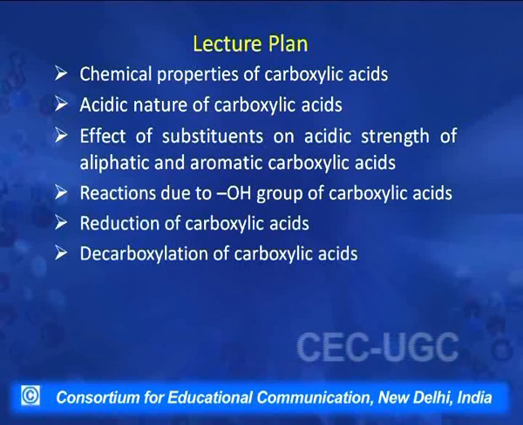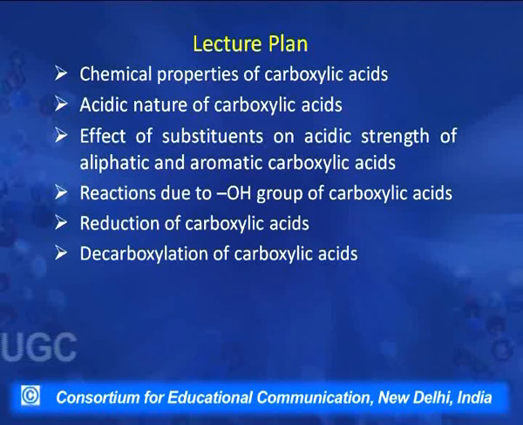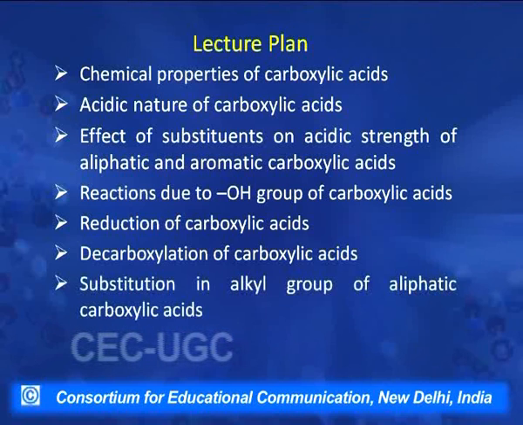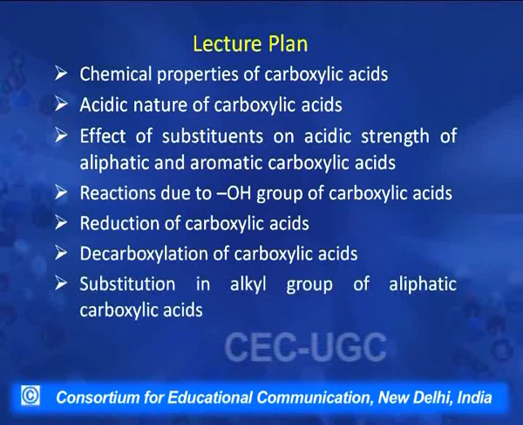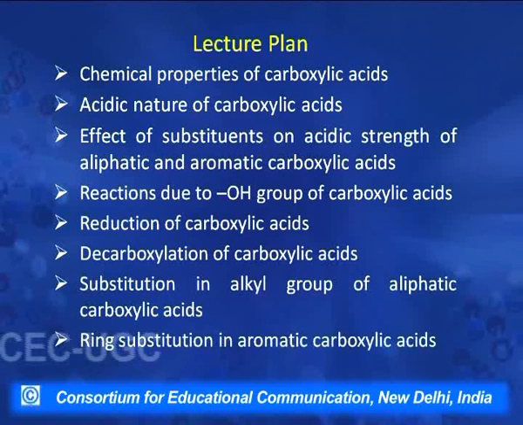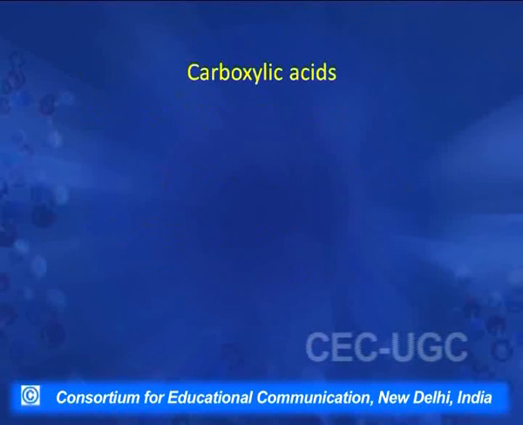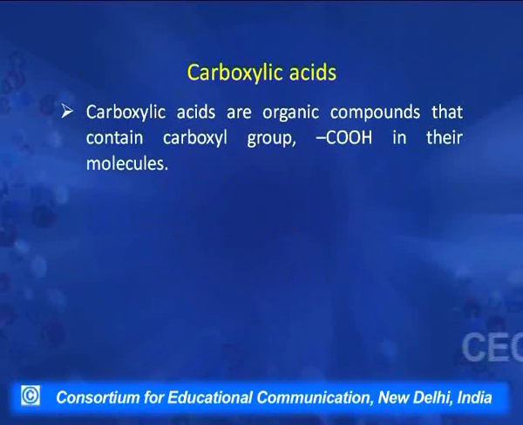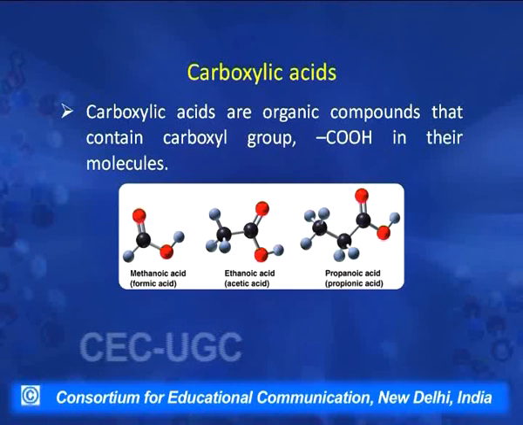Then the reactions in which the whole of the carboxylic group is involved. These reactions mostly involve decarboxylation, and then reactions which occur in the side chain, that may be an aliphatic or aromatic side chain. So we will take up these things one by one. Let us start with carboxylic acids, which, as I discussed, are organic compounds that contain the carboxylic group.